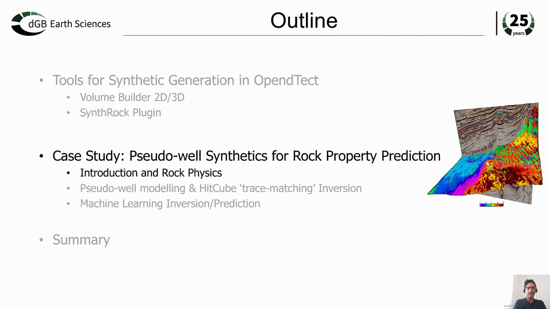So let's move on to a case study from offshore Norway, where we are going to demonstrate application of the stochastic module of SynthRock software by generating a large number of one-dimensional pseudo-well models stochastically for rock property prediction via a physics-based HitCube trace matching inversion type approach, as well as using them as input for machine learning predictions.